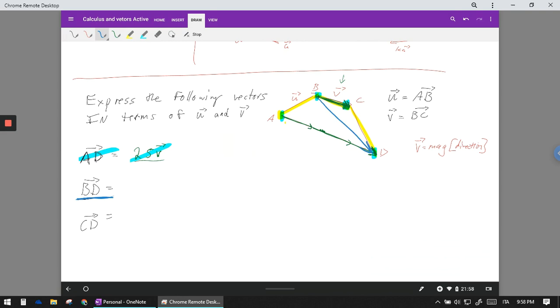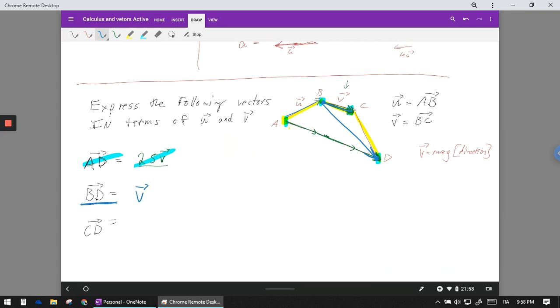Now, in order to do BD, I basically need to go one V vector, right? And then it looks like I need to go... This is going to be wild. I need to end up here, but I can only use V and U as my two definitions here. What if I go another V vector? All right. And then another V vector.